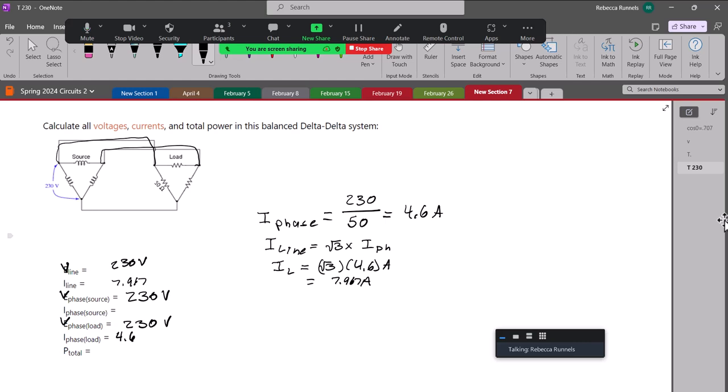And on the source, our current is going to be the same: the phase current in the source is the same as the phase current in the load. So that will also be 4.6 amps.